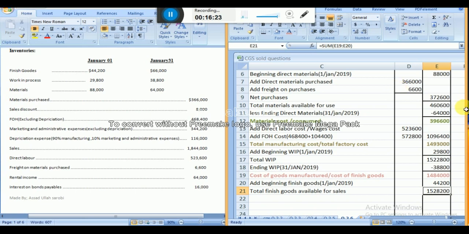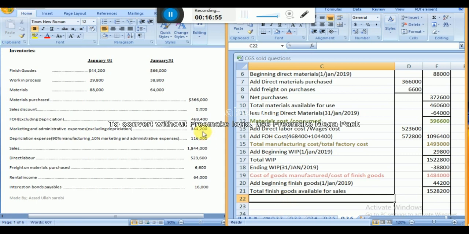Clear? In which 14,84,000 finished goods we produced in the month of January and the 44,200 finished goods of the previous month remain. So total finished goods now we have 15,28,200. Today is the end of the month. January will be finished today. So we will check whether we have some finished goods inventory which is not sold out.